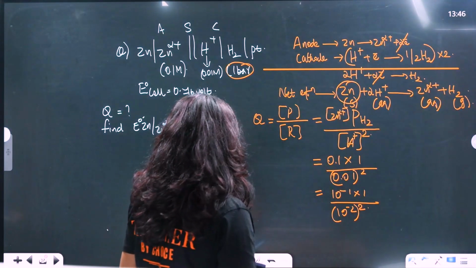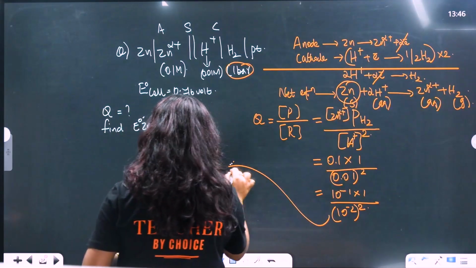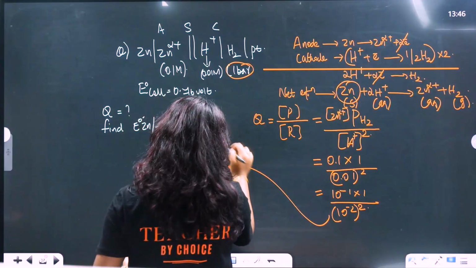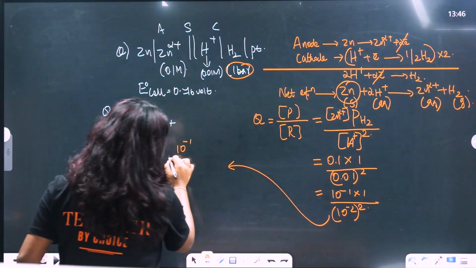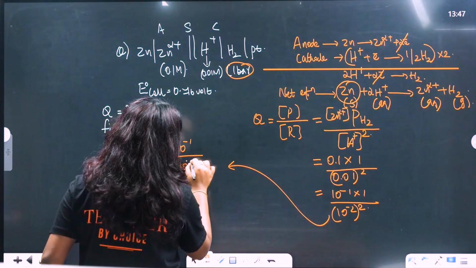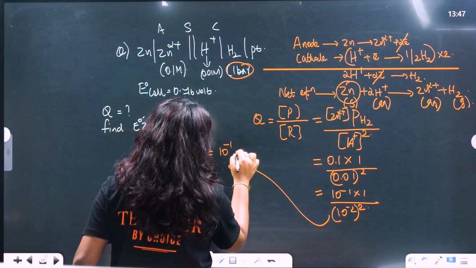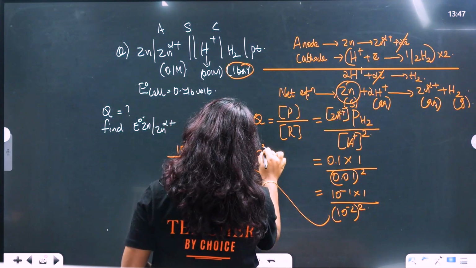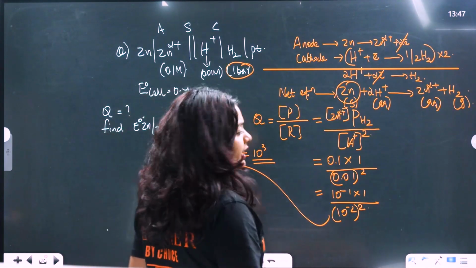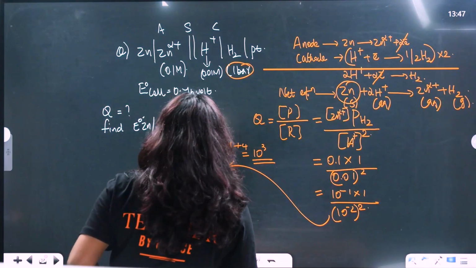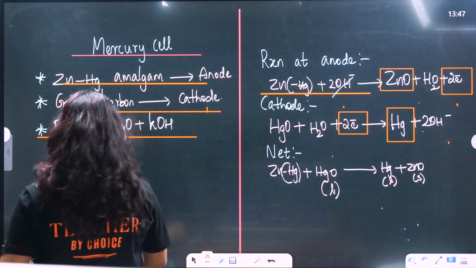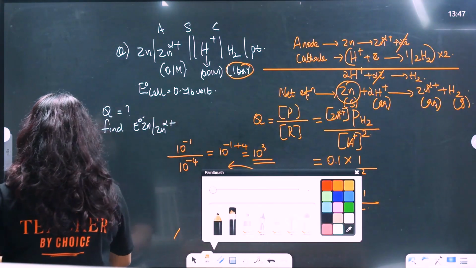So that is 10 raised to minus 1 divided by 10 raised to minus 4. So that is 10 raised to minus 1 plus 4, which means 10 raised to 3. So this will be the Q of the equation. Now you are supposed to find out E naught of Zn bar Zn2 plus.